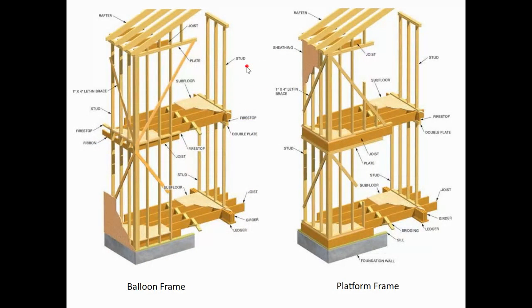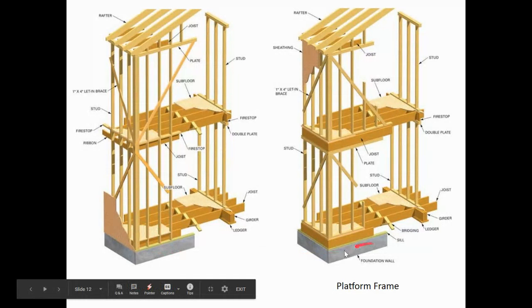Here is a picture of a balloon frame compared to a platform frame. So if you look real close, you can say, oh, they're the same. So we have to look even closer to figure out what the difference is. You should be able to identify the difference, be able to tell me which one's balloon frame, which one's platform frame. So you can see here, we've got our concrete foundation, and here the floor comes next, right?